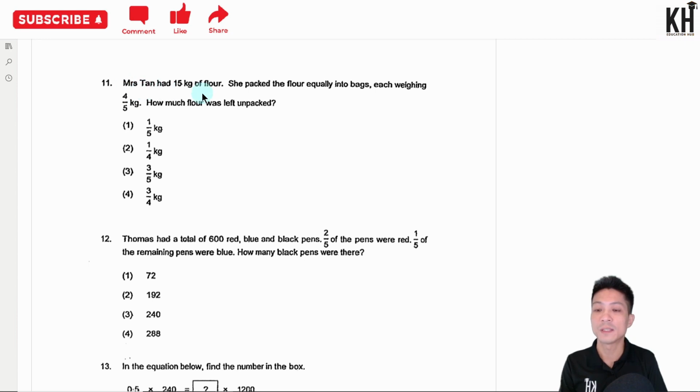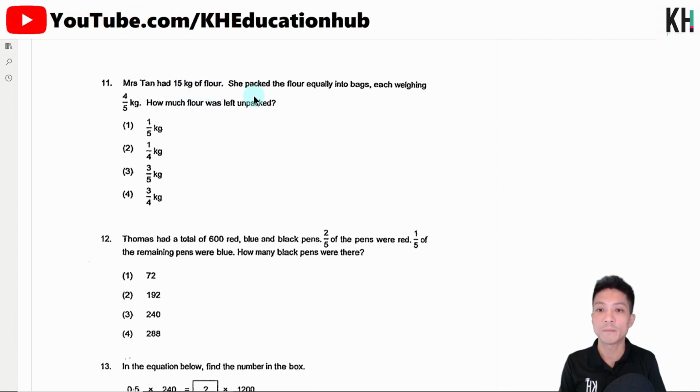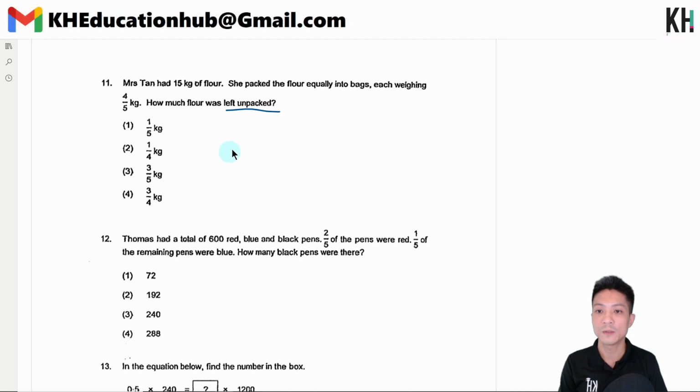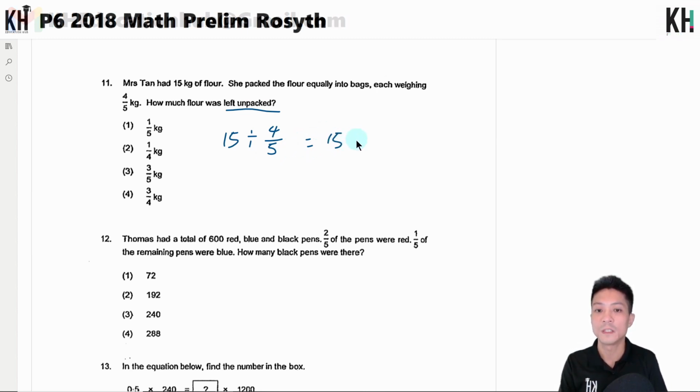Question 11. Mrs. Tan had 15 kg of flour. She packed the flour equally into bags, each weighing 4/5 kg. How much flour was left unpacked? The first thing we need to do is 15 divided by 4/5. This will become 15 times 5/4.